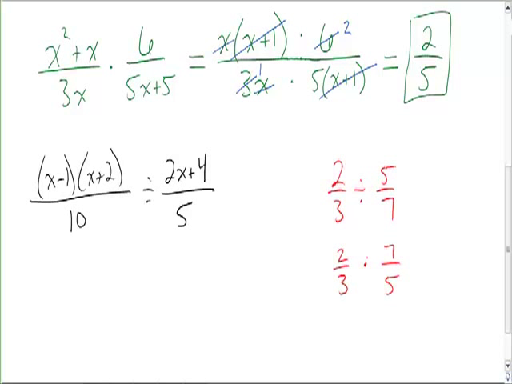Alright, I realize that's a bit weak of a connection there, but I just like referencing Missy Elliott. But what you probably all do remember is keep, change, flip. That's what you're more used to. When you have two fractions and you're dividing, instead of dividing, you keep the first fraction, so it doesn't change. You change the sign from division to multiplication, and you flip the second fraction.